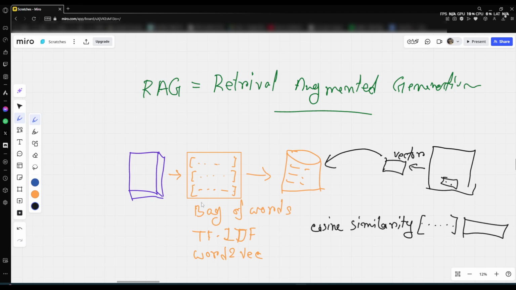So this is our question, and this is something it has found a similarity of 98%, and this is the highest similarity it has found. The entire matching vector will be converted into text.